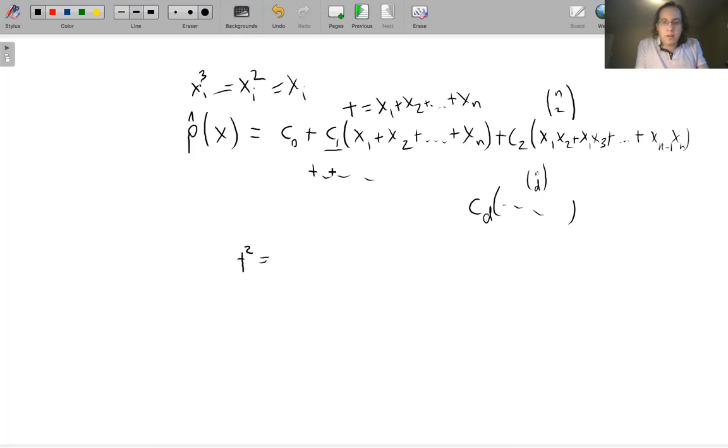Well, we get all the squares, and then we get all the pairwise products.